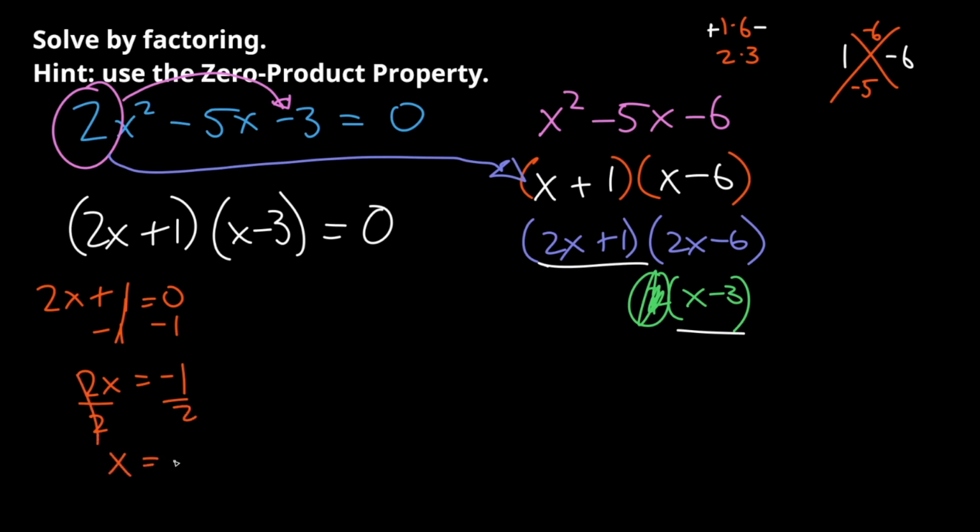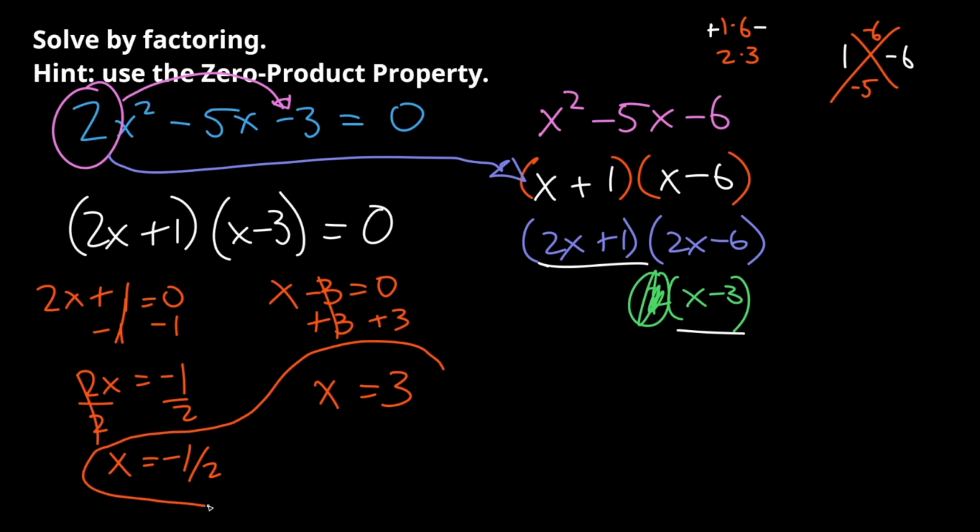We have x equals -1/2. Now we can move on to this next factor. Add 3. x equals 3. So our two values of x that will make this equation 0 are -1/2 and 3.